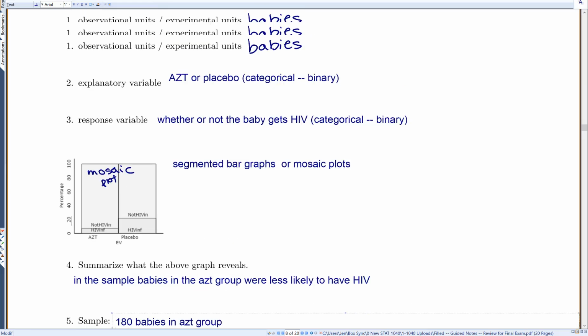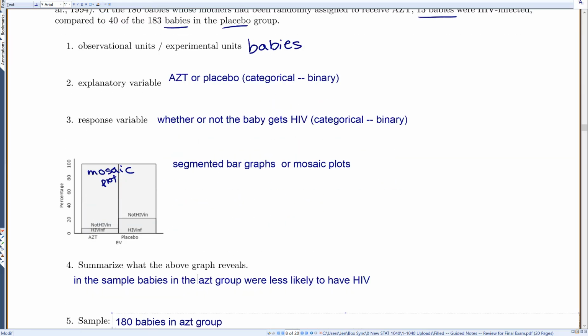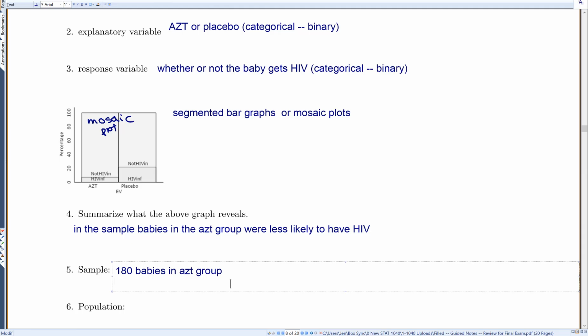And then we also had 183 babies in the placebo group. So we had two samples. Two different samples from each group.